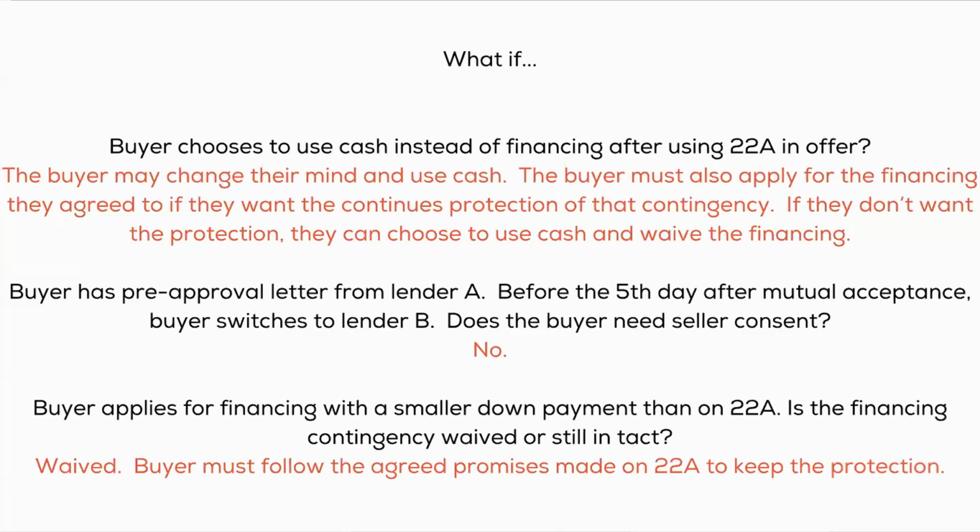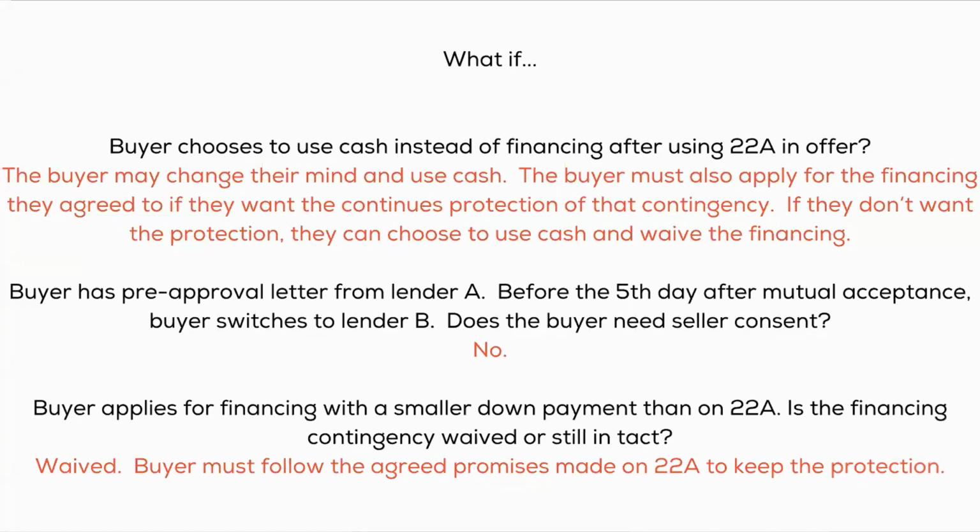They need to, though, by that 5th day, have their full application made, all their paperwork submitted, tax documents, bank statements, and have a disclosure from that lender. So it doesn't matter if they switch. However, they need to be on it as far as getting all the documents in and proving that they made full application, including the home address, before the 5th day or on the 5th day.